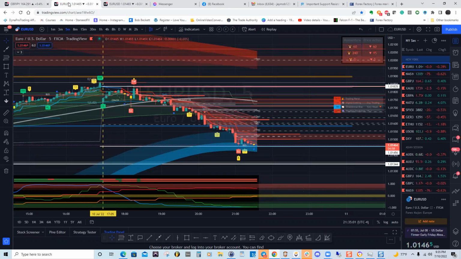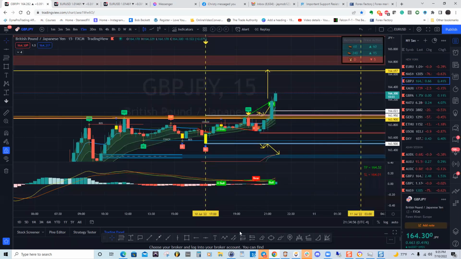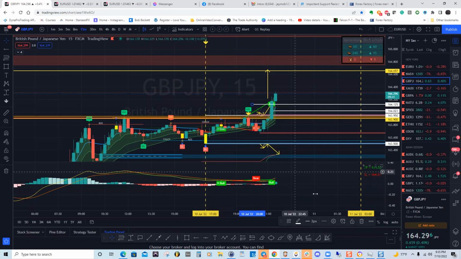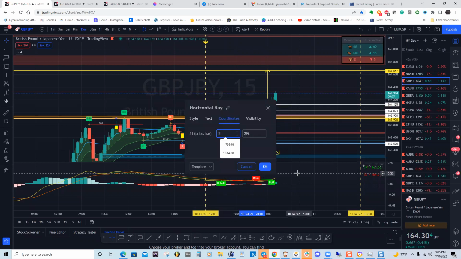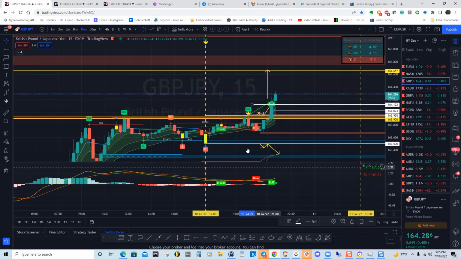How many pips you up on GJ? I got in at 164.122.